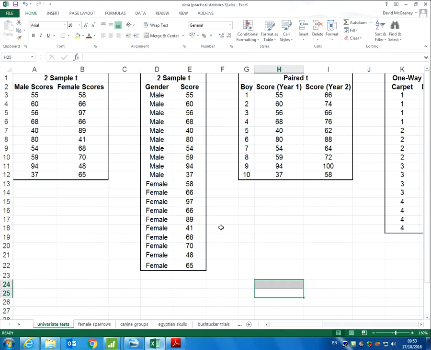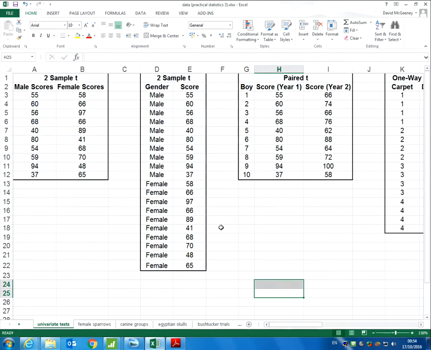Now, if you're only interested in these 10 boys and these 10 girls, all you would need is to work out the means of those columns, and whichever is the biggest mean, you've got the answer. They're doing the best at maths. But in terms of inferential statistics, you're actually interested in the populations from which these samples were drawn. Okay, so that's why you need to carry out the appropriate technique.